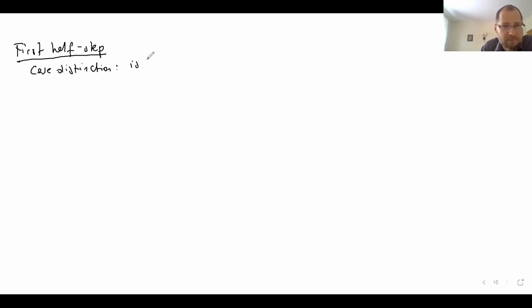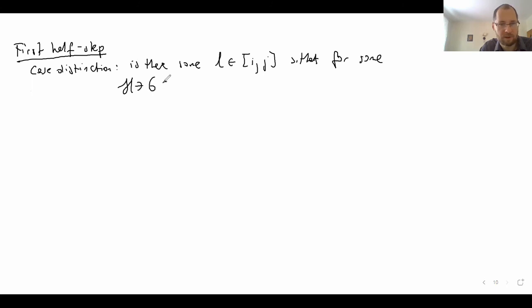Is there some index, let's say L, between I and j, such that an extension of our current assignment, say sigma, has the following 2 properties.